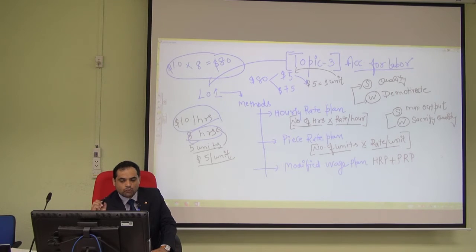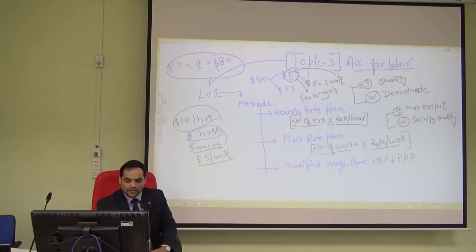So the worker is inefficient, because the company expected 5 units for $80, but this worker produced 4 units for $80. So $5 is factory overhead, and $75 is direct labor cost.